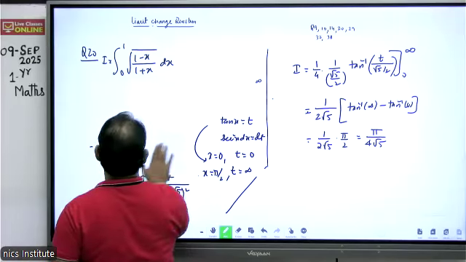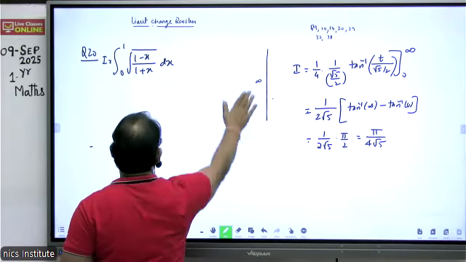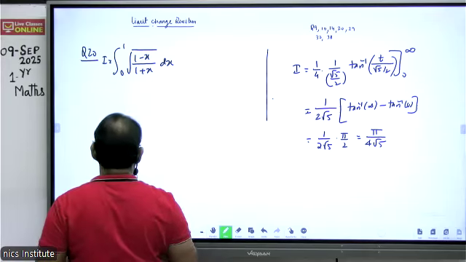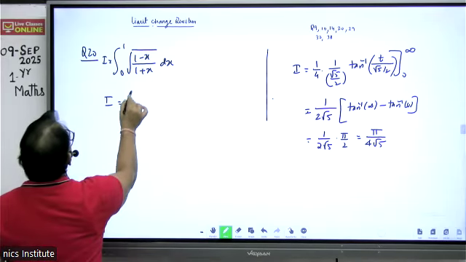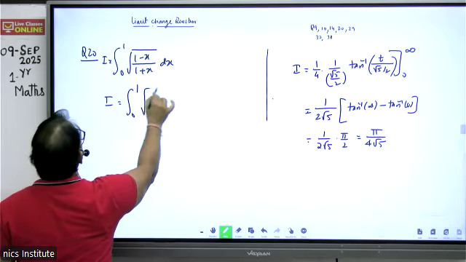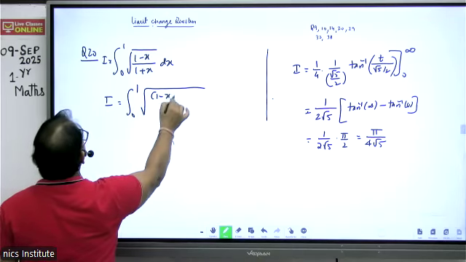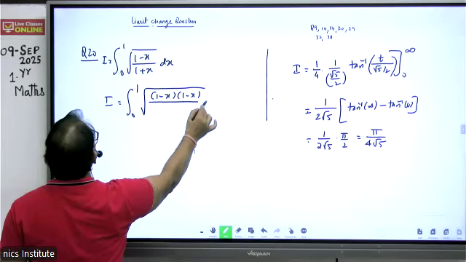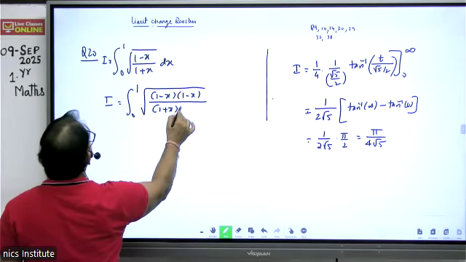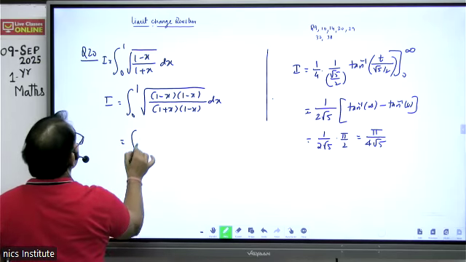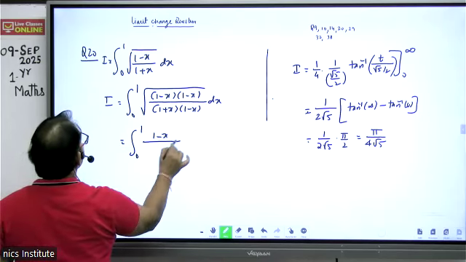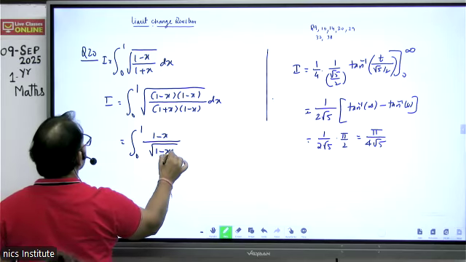This question might also come as an indefinite integral. Good question. So rationalize the denominator, with everything within the root only. It becomes the integral from 0 to 1 of (1 minus x) divided by the square root of 1 minus x square.